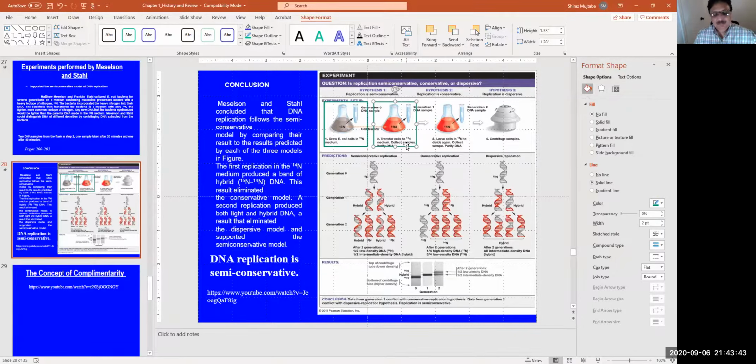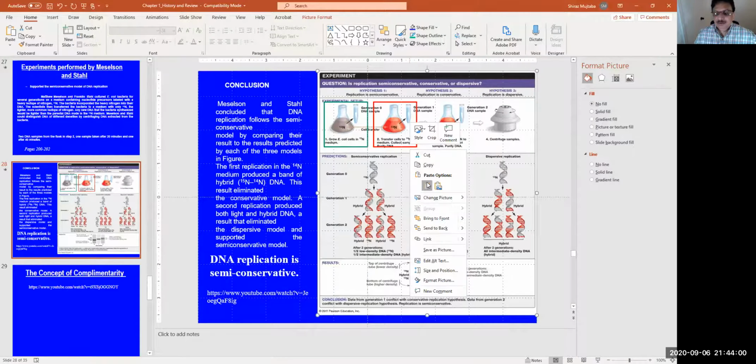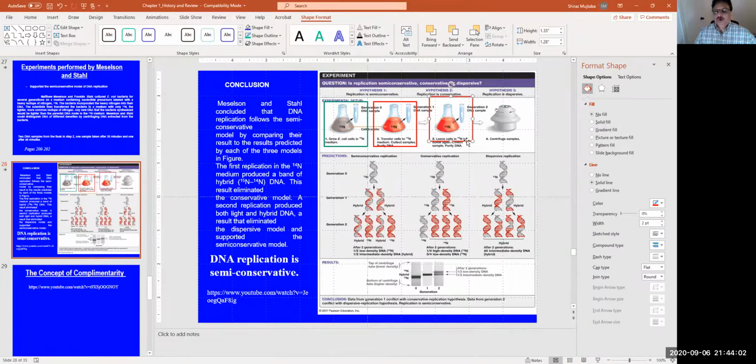They grew the bacteria in N15, in radioisotopic condition, and then switched the bacteria to N14, which is the native nitrogen. Then they collected these bacteria and tried to quantitate whether the replication of DNA is conservative, semi-conservative, or dispersive.